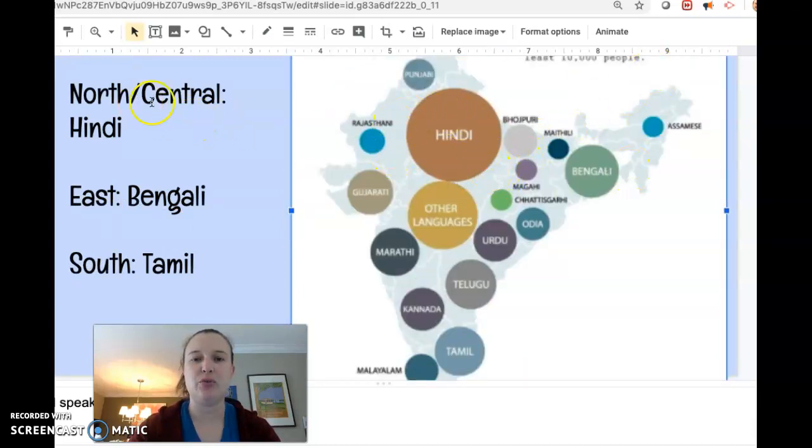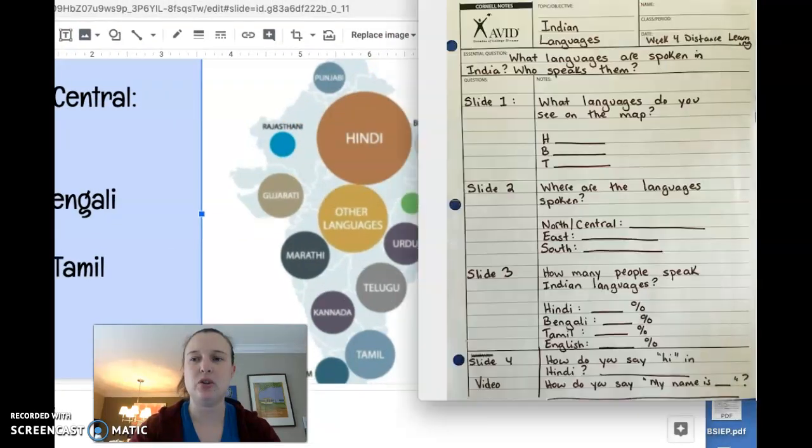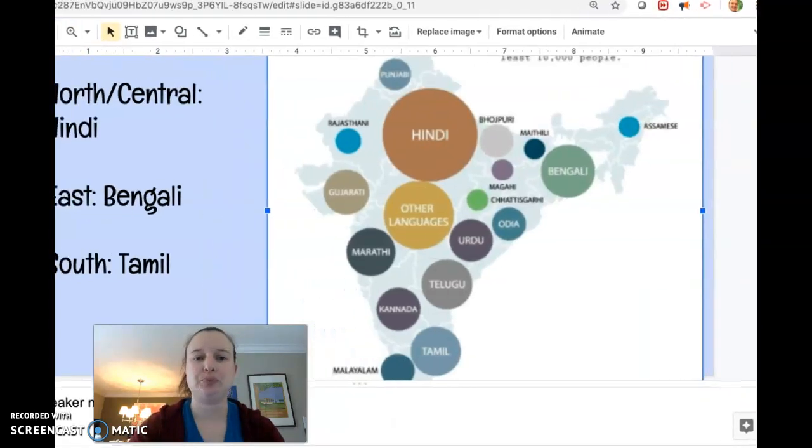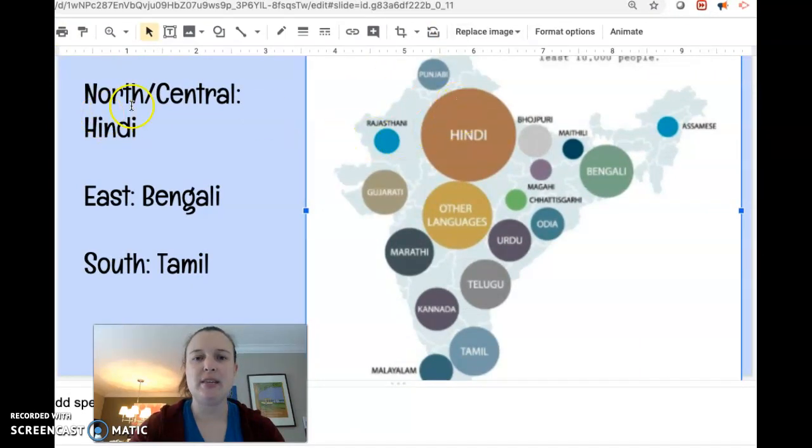And so for your notes, let me find your notes. We're on slide 2 now. Slide 1 was what languages do you see? And I gave you a hint with the names. Slide 2 is where are the languages spoken? So we can see that in the north central area of India is mostly Hindi.